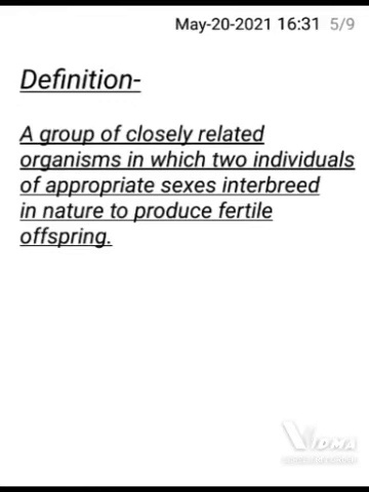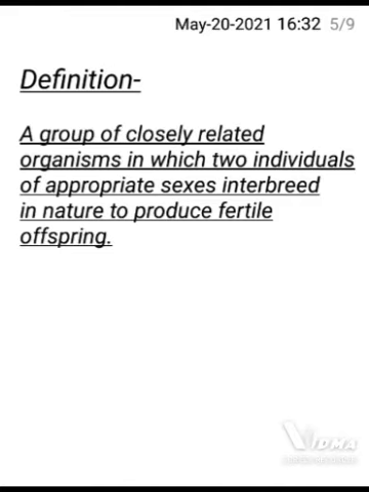Now, let's see what is the definition which was given by Ernest Mayr. He said that species are a group of closely related organisms in which 2 individuals of appropriate sexes interbreed in nature to produce fertile offsprings. So, he had put many points in his definition. First thing is that the organisms should be closely related.